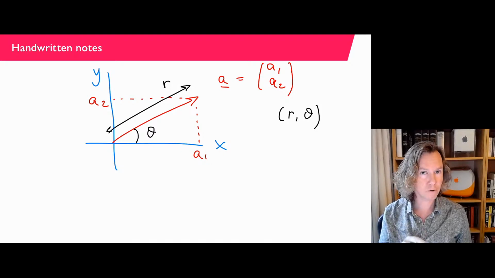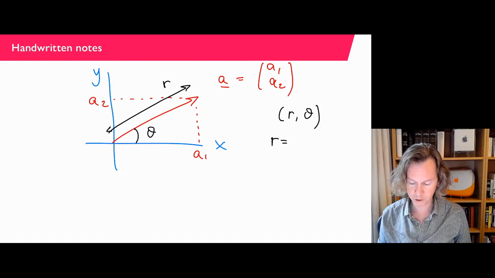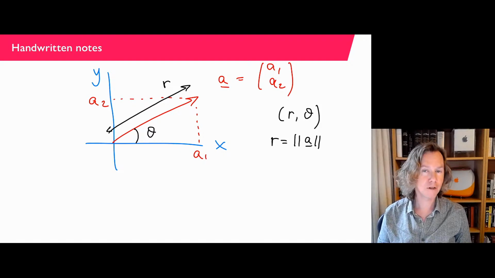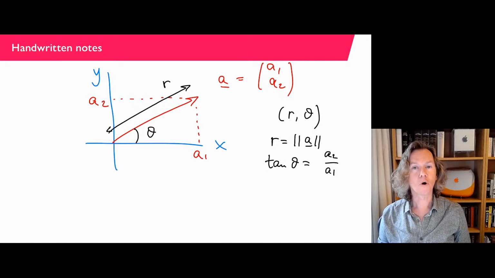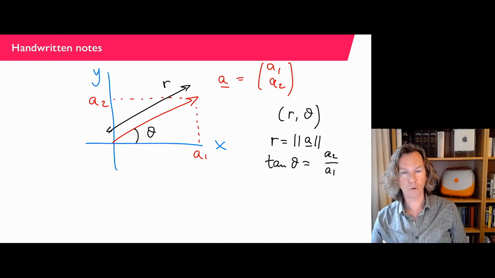The book is not very clear about polar notation, but r is basically the length of this vector, and theta is this angle. And as you can also see from the graph here, the tangent of theta is the length of the opposite side, which would be A2, over the length of the adjacent side, which is A1. So r and theta, those are the polar coordinates.